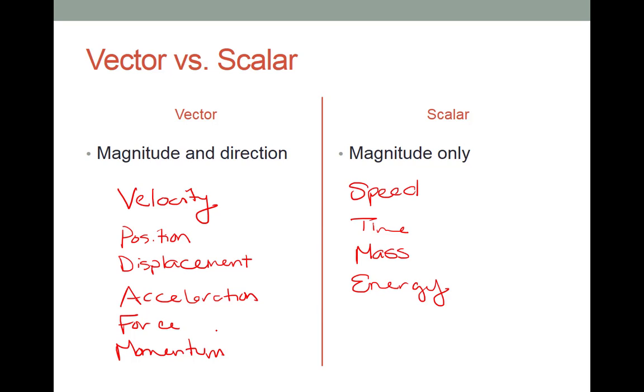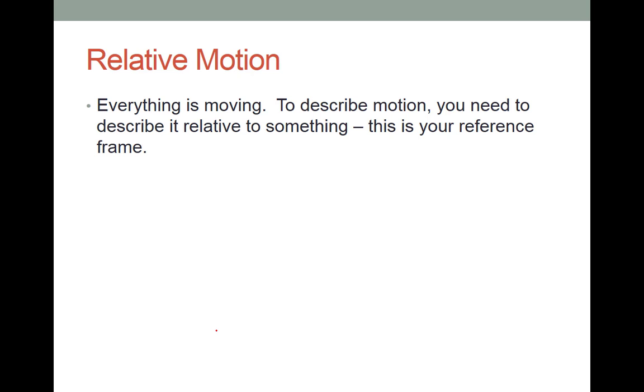So the first thing I want you to think about is relative motion. So right now, everything is moving. And you may be thinking, no, Dr. Murphy, I am sitting on my couch in my living room, and I'm as still as I can be while listening to this scintillating lecture. Okay, so I'm dreaming a little bit.